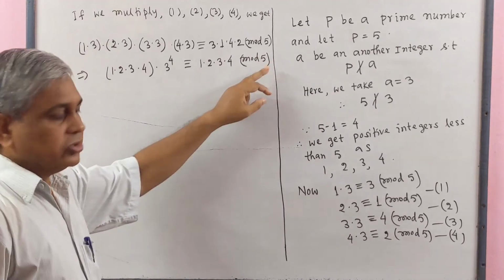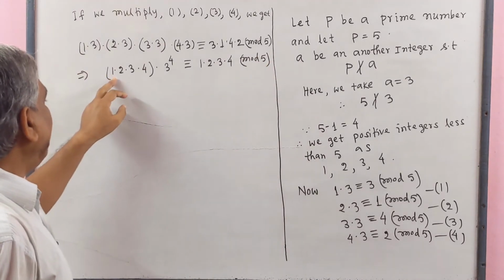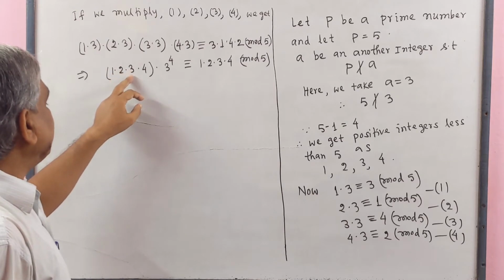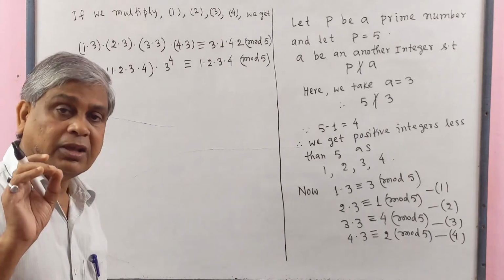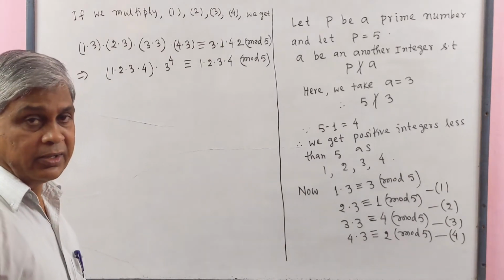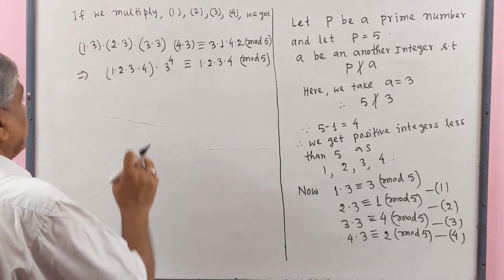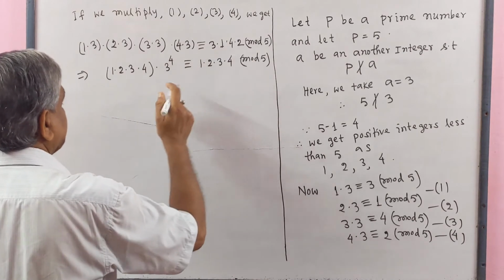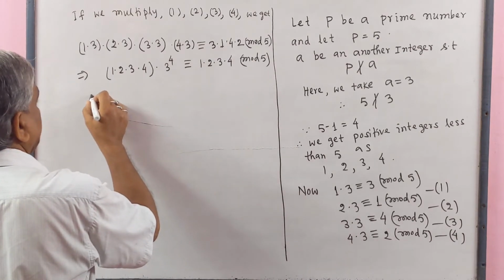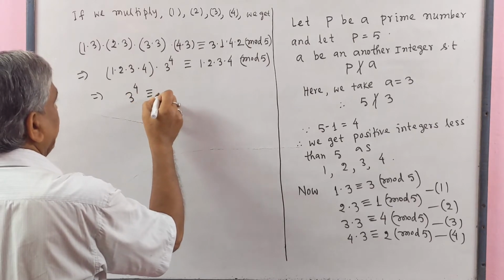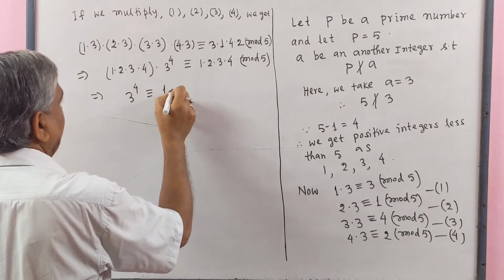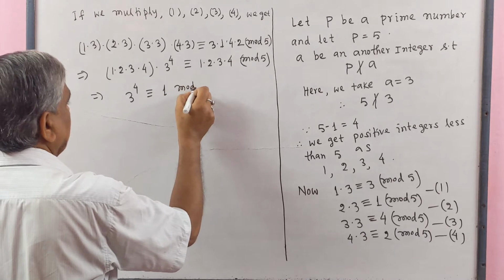Since GCD of 1 multiply by 2 multiply by 3 multiply by 4 and 5 is 1. Therefore, we may cancel this both sides. Implies that 3 to the power 4 is congruent to 1 modulo 5.